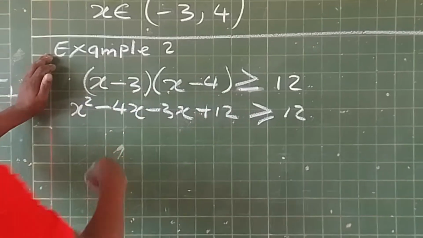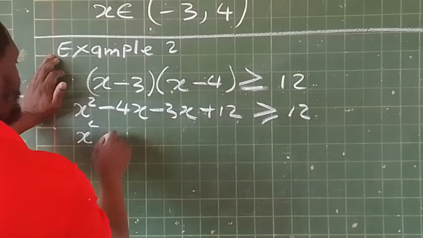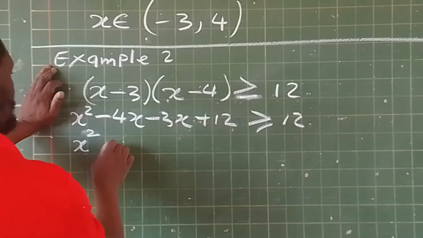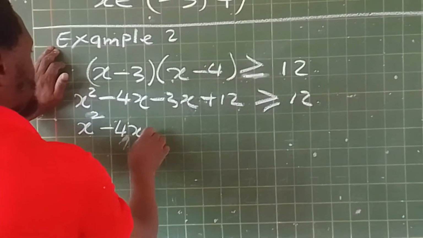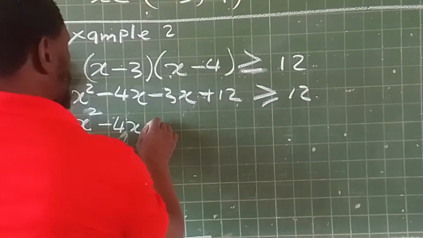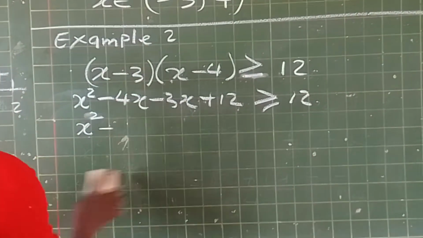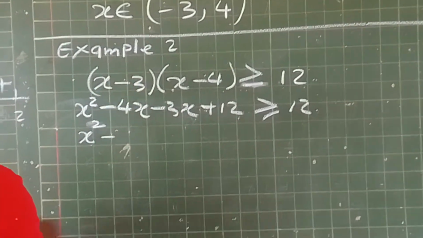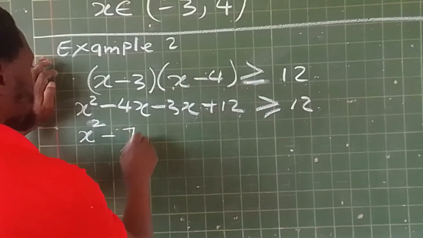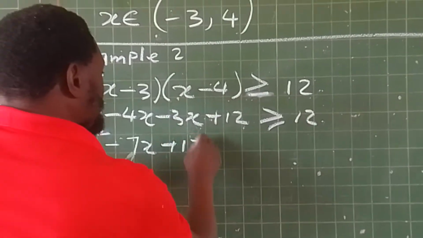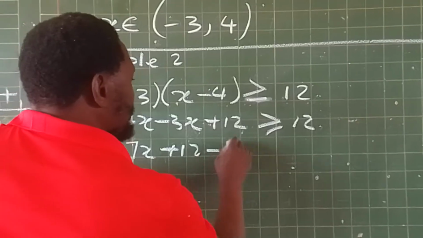You take it back, you say x squared minus 4x minus 3x is minus 7x, plus 12 minus 12.